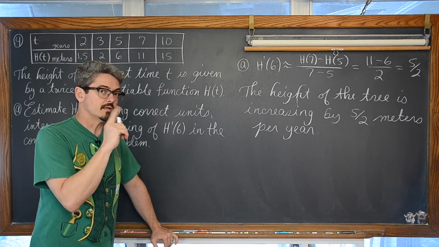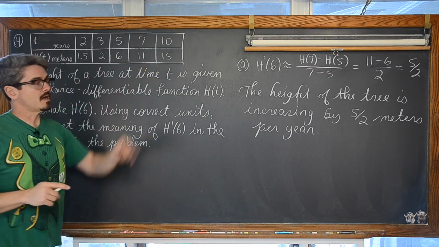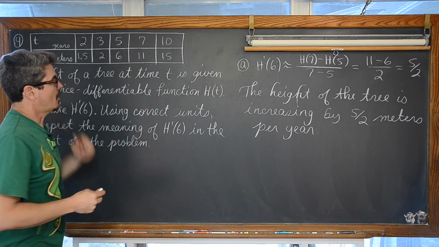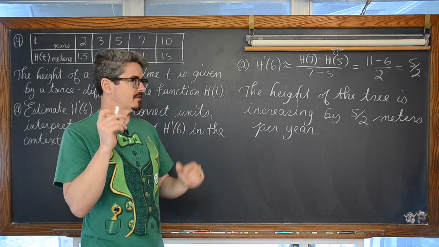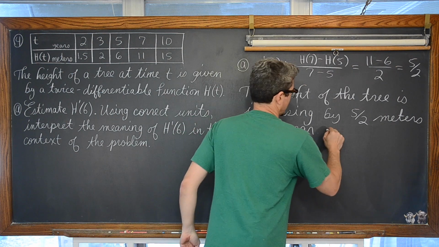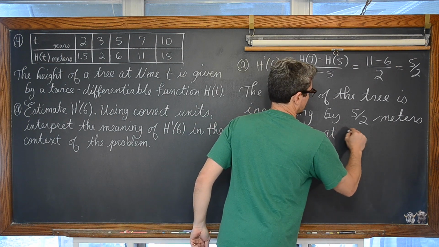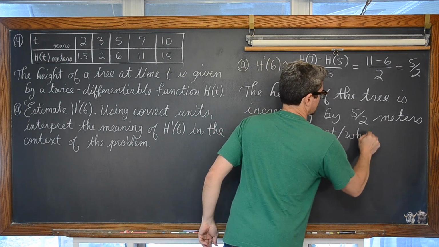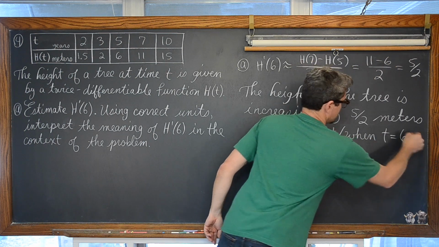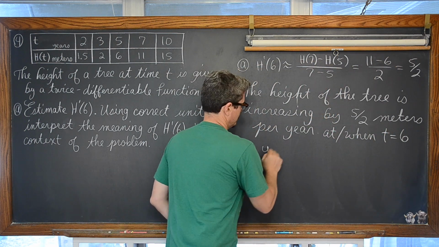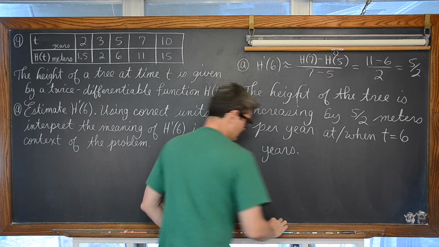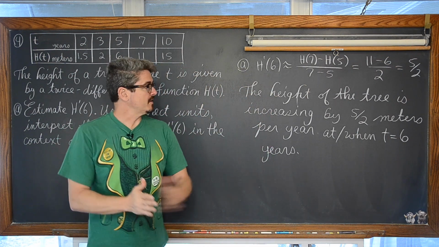This tree's growth is not, I'm sure, linear over all of its life. It is at this specific time point, at or when t equals 6 years. And I'm perfectly happy with this solution.